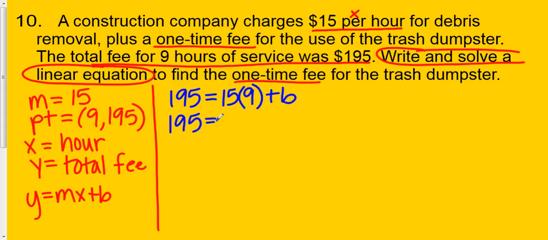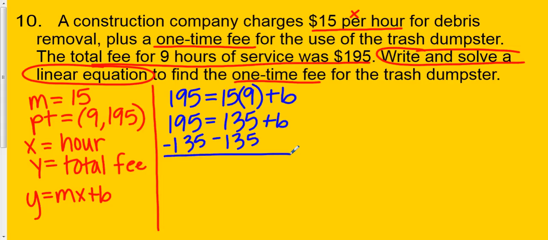So 15 times 9, I get 135. Subtract 135 from both sides, and I get 60 equals b. And then I can write my equation, y equals 15x plus 60.